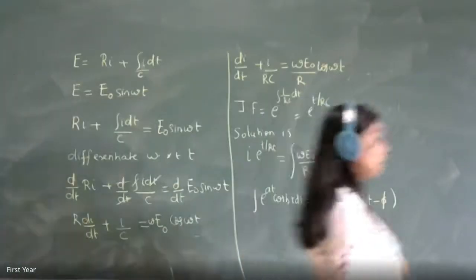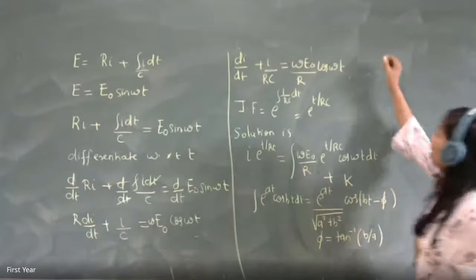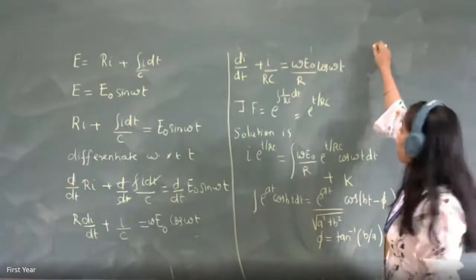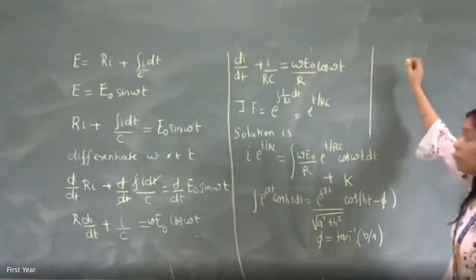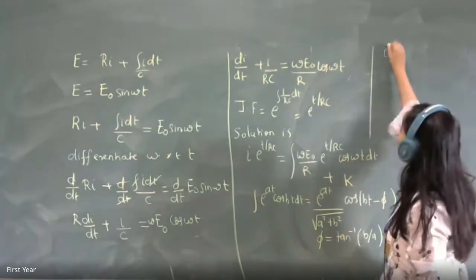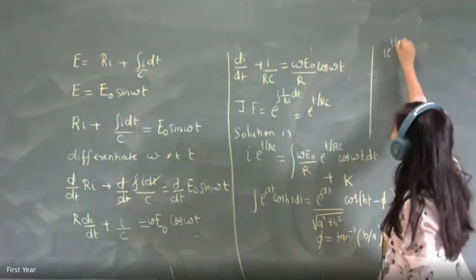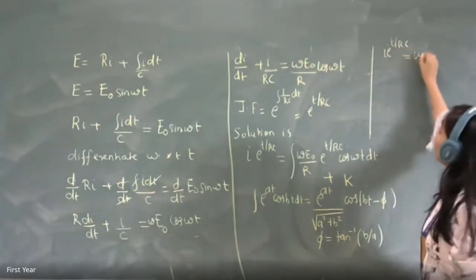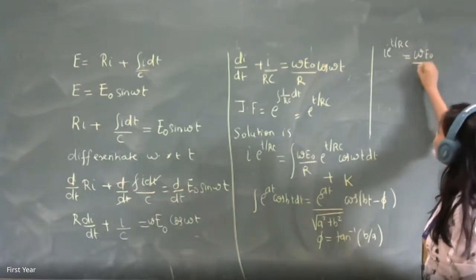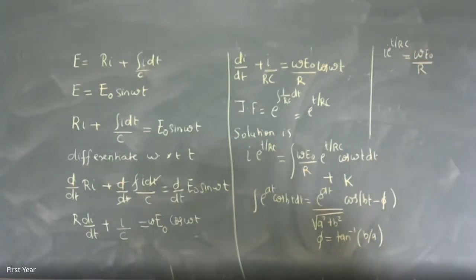Final answer. It is I e raised to t by RC is equal to omega E0 by R. This is fixed. Okay.